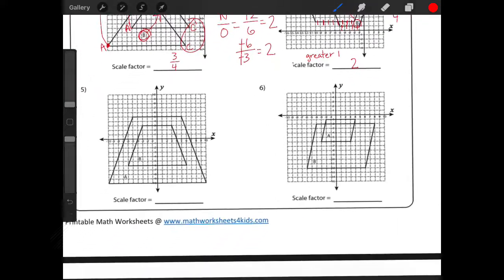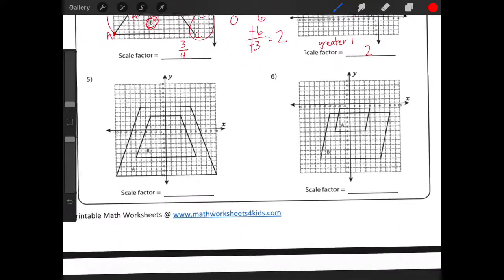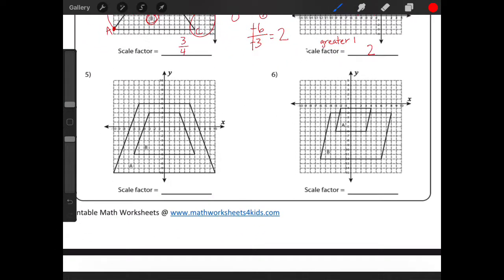I am going to let you give it a shot on 5 and 6. Pause the video, practice those two using whatever method. I can tell you that my method would be comparing the length of this side compared to this side, and the length of this one compared to the length of this one. Because doing the coordinates takes a little extra time to write the coordinates down, but it is a good method if you've got a bunch of diagonals.